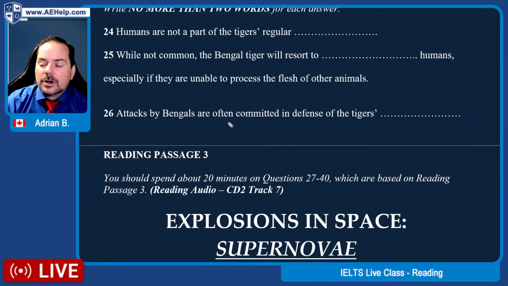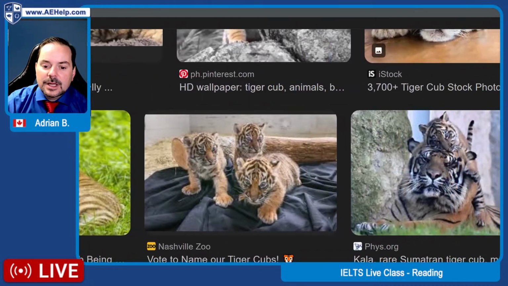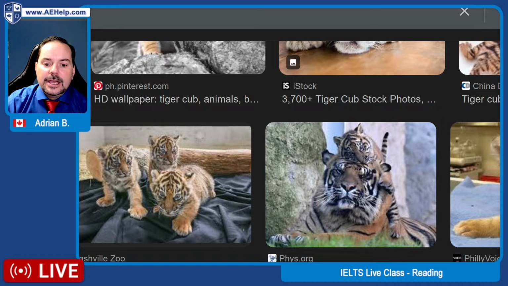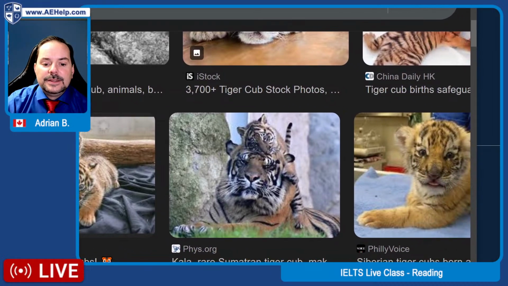Attacks by Bengals are often committed in defense of the tiger's what? Now, if you've been following my visual logic here, then you will probably be able to answer this one quite easily, because as you can imagine, it's all fun and games until you decide it's a good idea to pick up this cute little rascal and remove him or her from this large mother tiger.